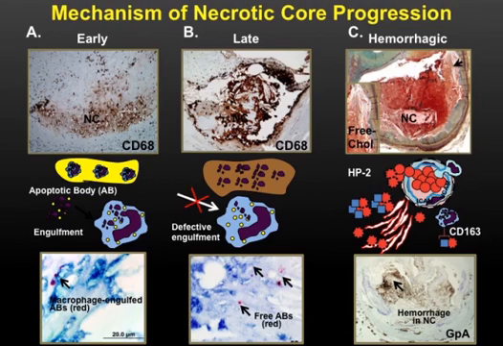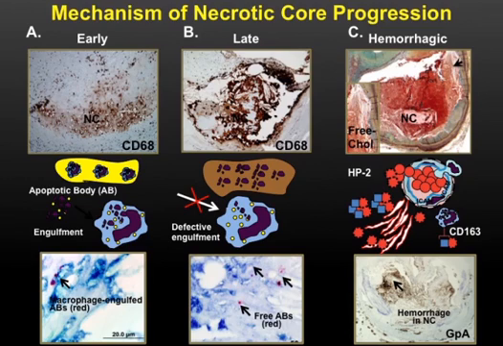However, there are surrounding macrophages that will engulf the apoptotic bodies, and this is a highly efficient system in the early necrotic core, but not so in the late necrotic core. There are lots of apoptotic bodies, and no longer is endocytosis or engulfment possible by the macrophages, so that leads to necrotic core and high expression of CD68 in that necrotic core.